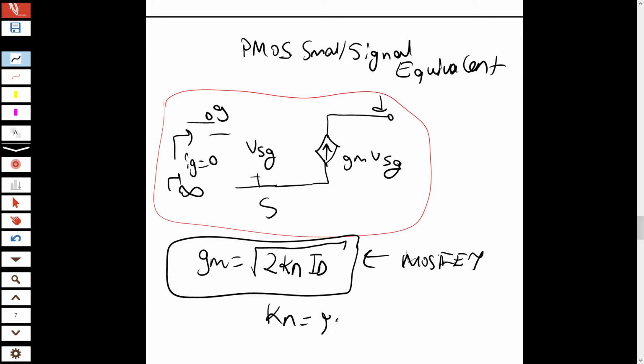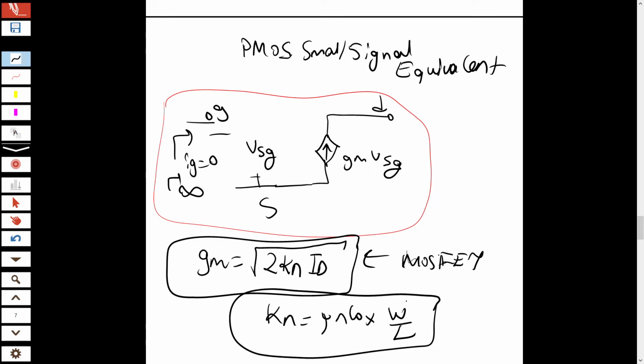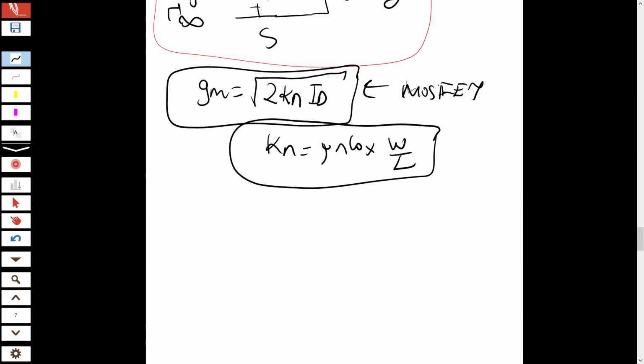Kn is μn Cox W over L. Remember, in BJT case, gm was equal to IC over VT. In this case, gm is equal to square root of 2 times Kn times ID. In both cases, PMOS and NMOS, this formula is valid.